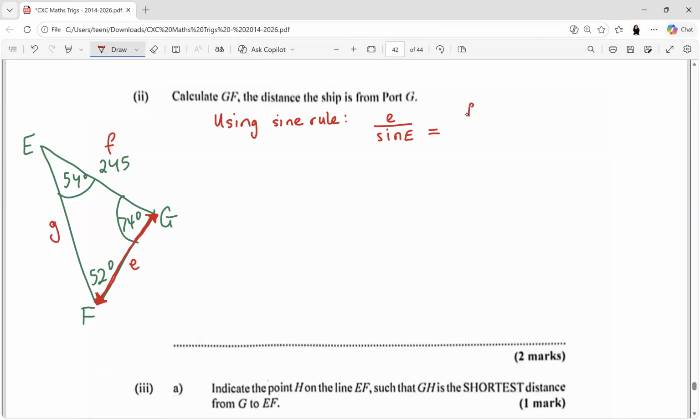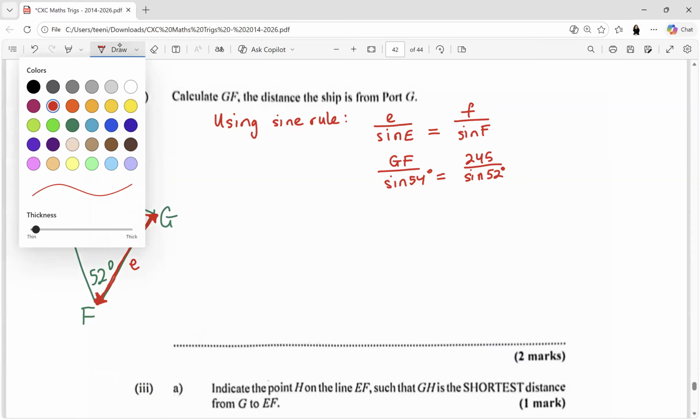So that would be side F over sine of angle F. So E here is the side we're trying to find. That's the GF over sine of E, which is 54. And that's equal to F, which is 245 over sine of F, which is sine of 52.